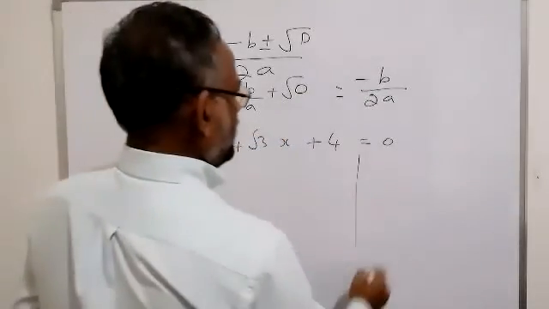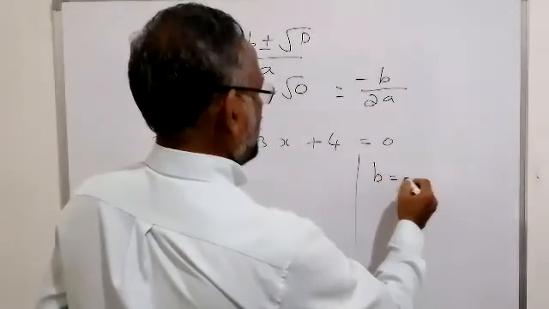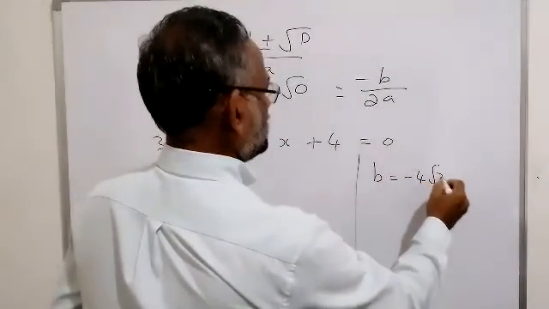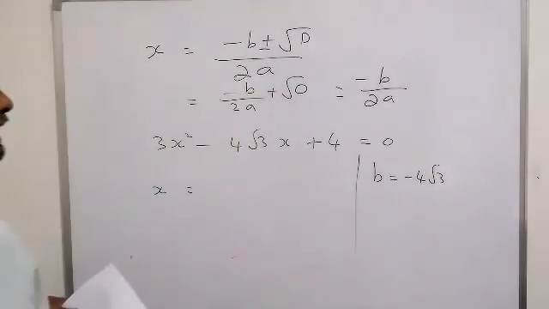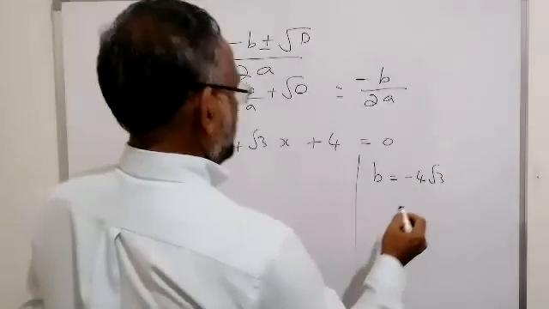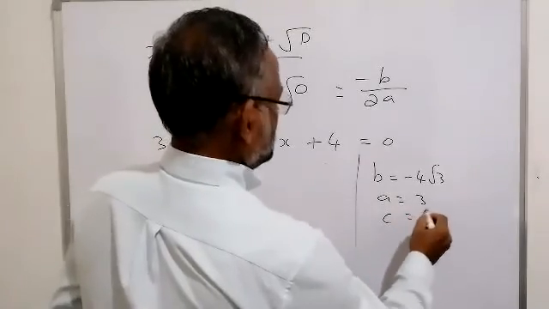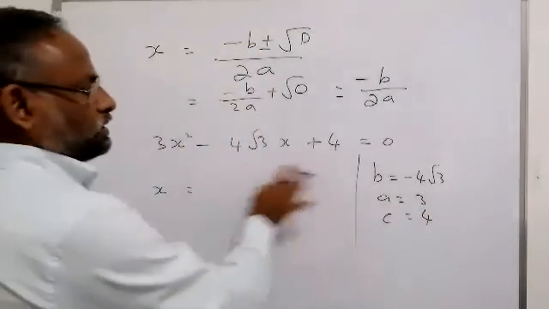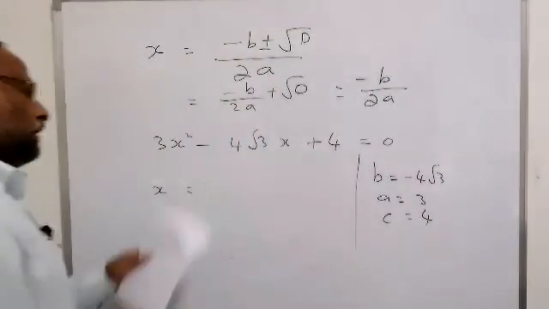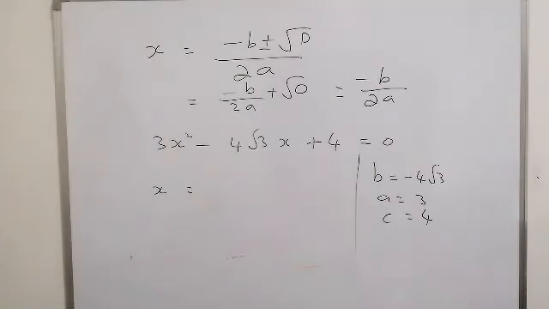What is your b here? B is minus 4 root 3 and A is 3 and C is 4. You have to identify B.